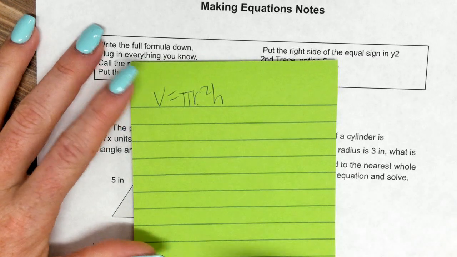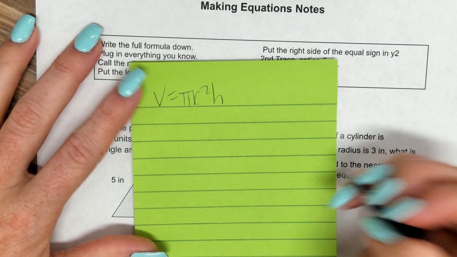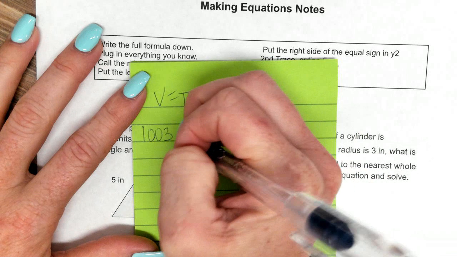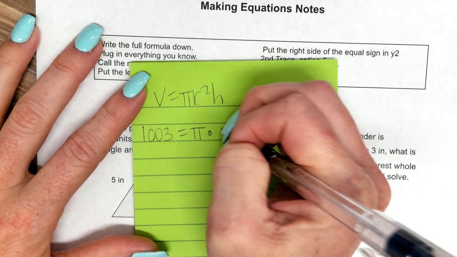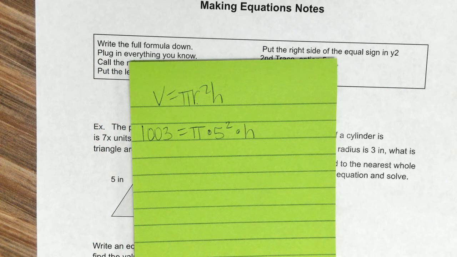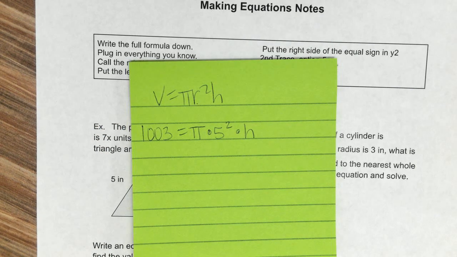So it might look something like this. The volume of a cylinder is 1003. If the radius is 5 squared units, what's the height? And so that's what I'm here to teach you today.